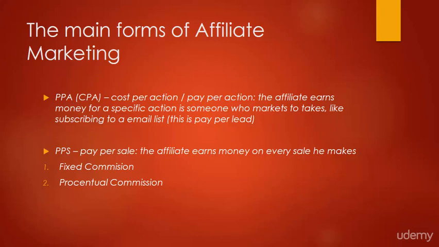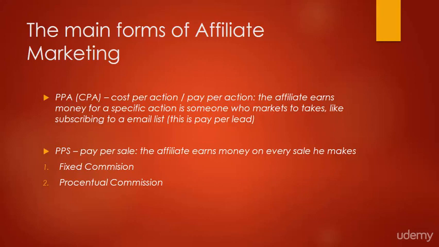Then we have PPS offers, which are the most common, or pay per sale. The affiliate earns money on every sale he makes. Practically we have two options here. There are vendors who go for fixed commissions, meaning that for any sale, no matter how large or small, they pay the same fixed commission, a certain fixed amount of money.